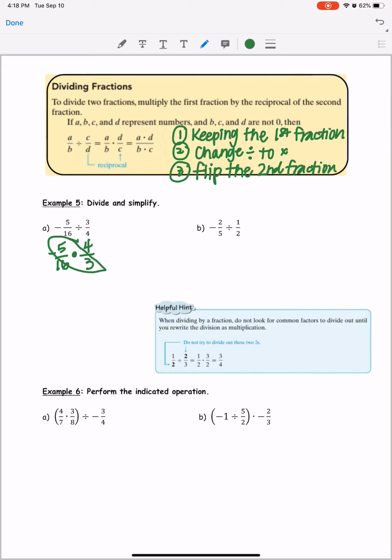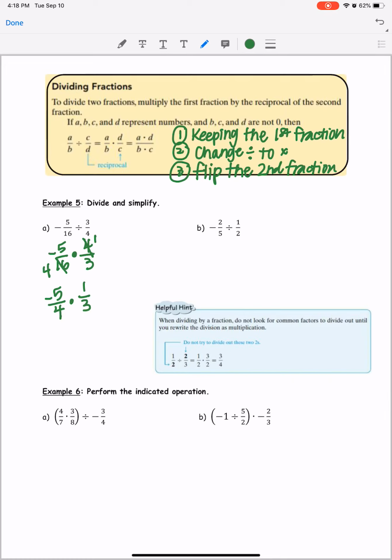So look diagonally. Can you divide anything into 5 and 3? No, those are both prime numbers. Can we divide anything into 16 and 4? Yes, that would be 4. So 4 divided by 4 is 1. 16 divided by 4 is 4. So I have negative 5 over 4 times 1/3.